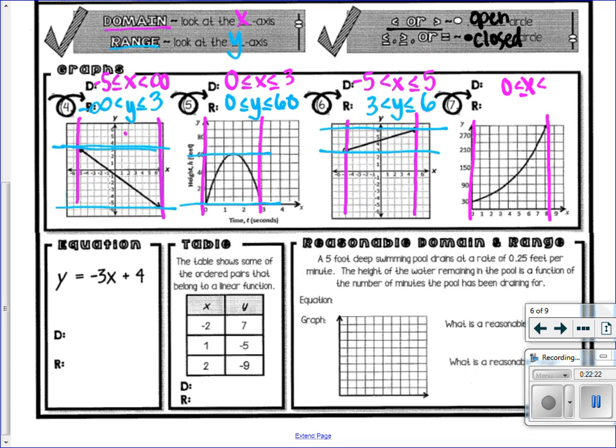Look at the farthest right on the graph. It's an arrow, which means it's going to go to infinity. Now the y values, the lowest to the highest. The lowest is at 30, and it could be equal to. And the highest is an arrow, so we're going to infinity.